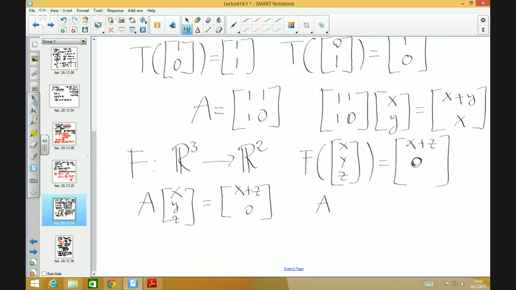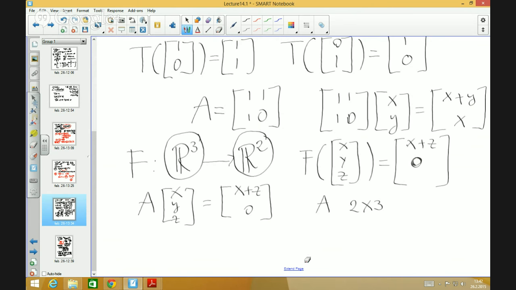So A has dimension 2 times 3. You always look at the dimension of the codomain, and this will tell you how many rows you have. And you look at the domain, and this will tell you how many columns you have in the matrix.